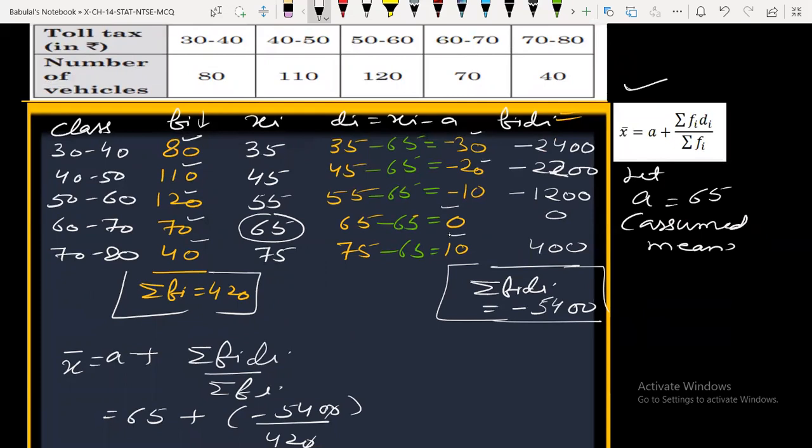So please try to select or choose the middle of the class mark for the assumed mean.